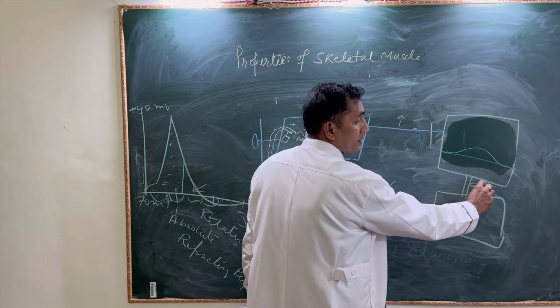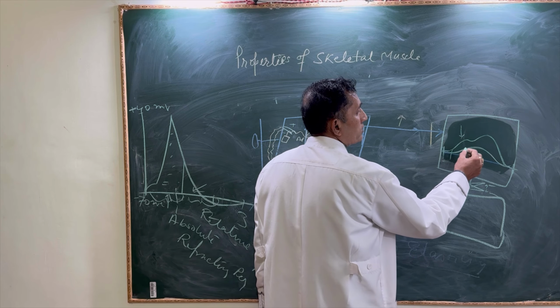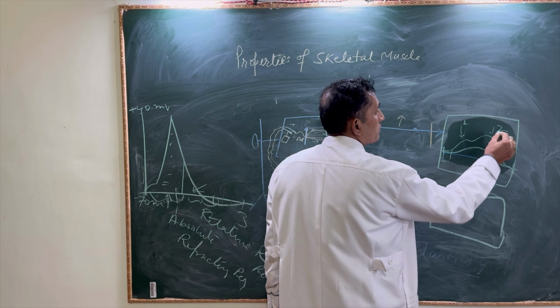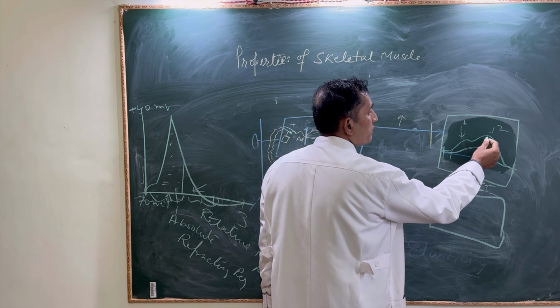Now again, if we open more, if we increase the distance between the two, then see, this is one simple muscle twitch and another simple muscle twitch, but the height is better than the first.